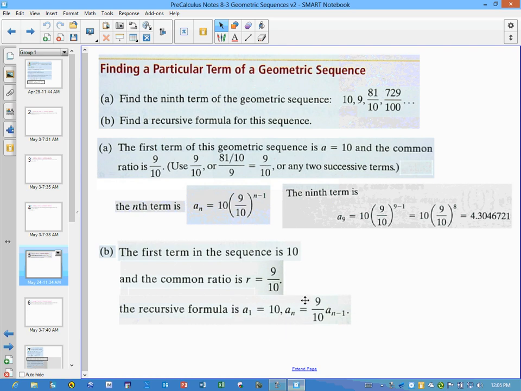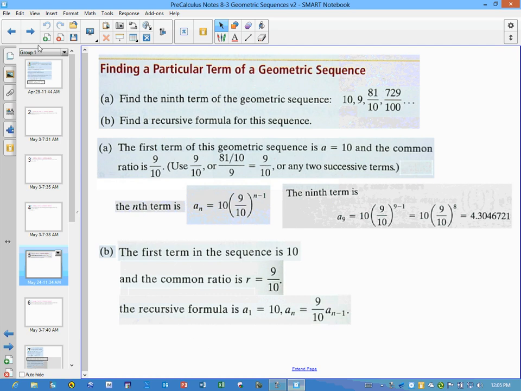If they ask for a recursive formula, it's not enough just to give the recursive rule. You have to actually also say where it starts, because you could have a different starting point and the same formula is going to give you a different sequence. So it is important to know that the first term is 10, therefore our a sub 1 is 10, and we simply use any term is 9/10 of the previous term.